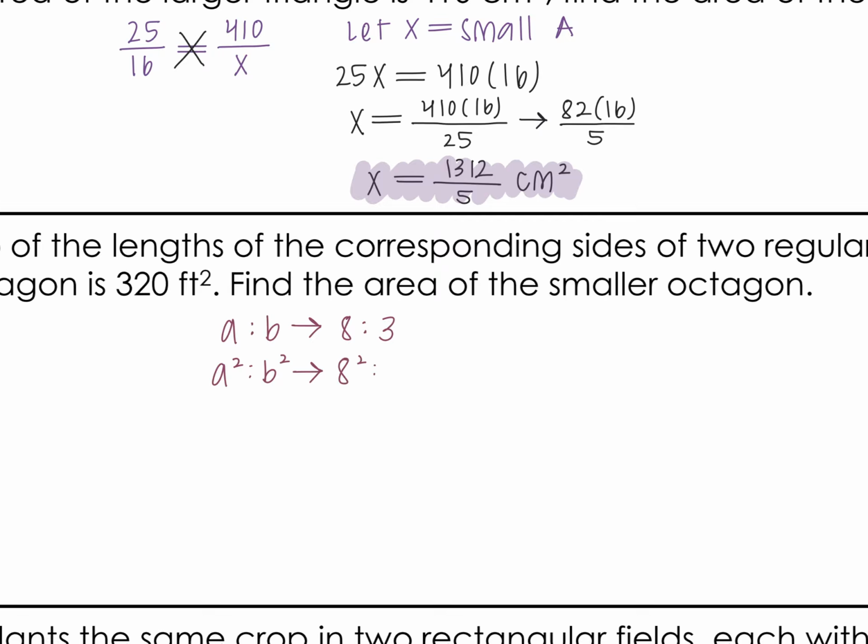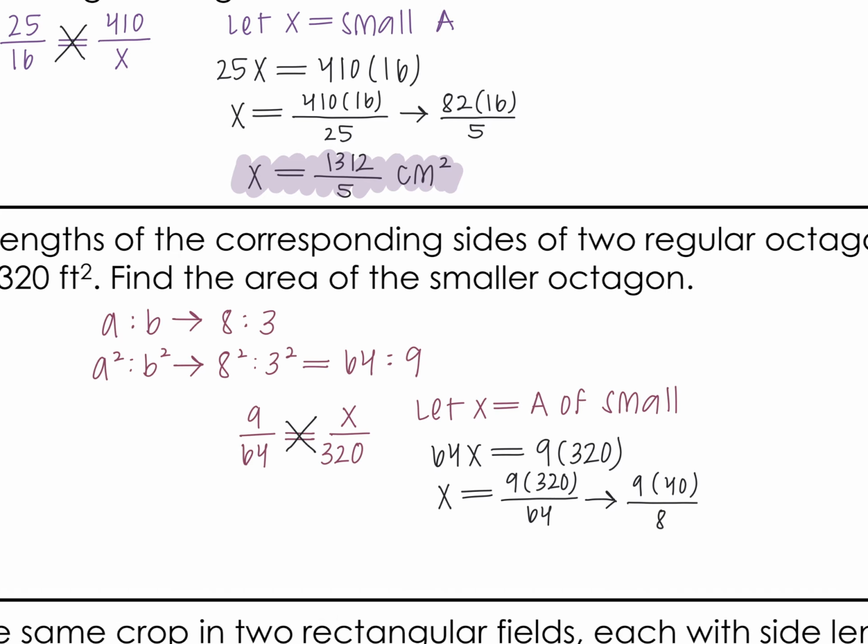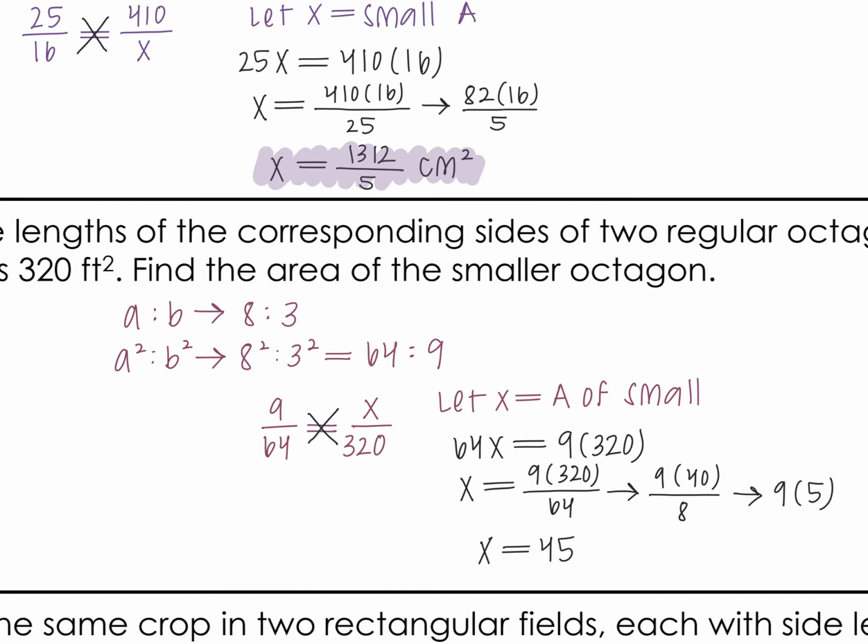We'll have 40 over 8. Now here I notice that maybe I didn't fully reduce. Okay, I didn't find the greatest common factor. And so I can then still keep reducing. And I would then just end up with 9 times 5, because that 40 divided by 8 gives me 5. So that's going to give me that my x here is going to be equal to 45. And then we are going to have our units. Let's scroll over. We got feet squared.